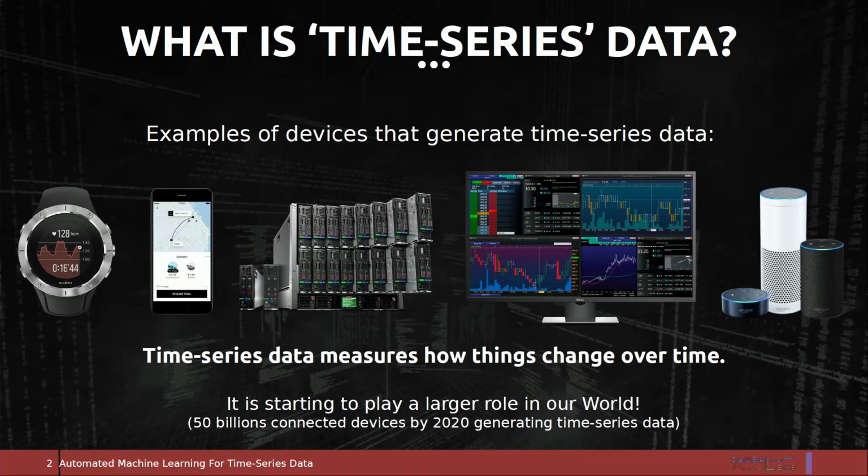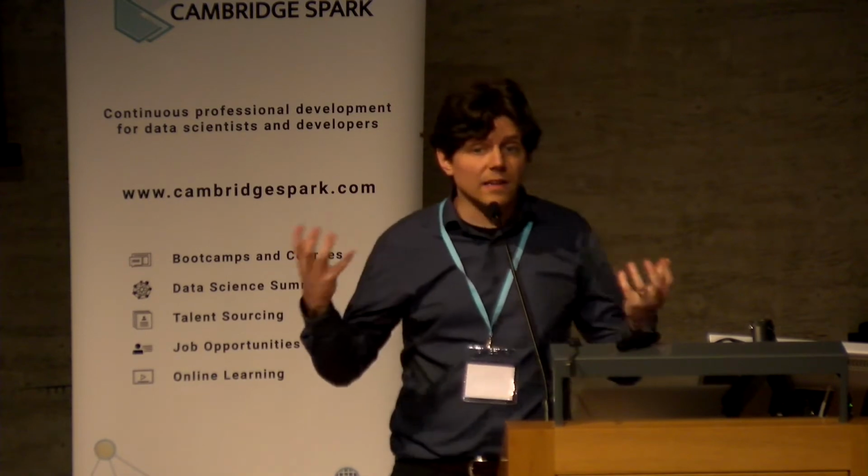All of these things are generating loads of data, and the world is only becoming more and more driven by all these time series that are being generated. And so that's what time series are. They are numbers associated with time, or they could be categories associated with time. You could say, is it sunny, is it cloudy, is it rainy?